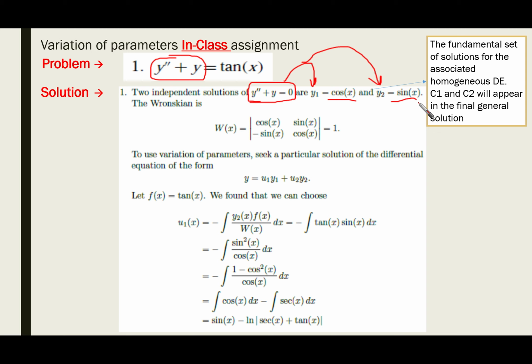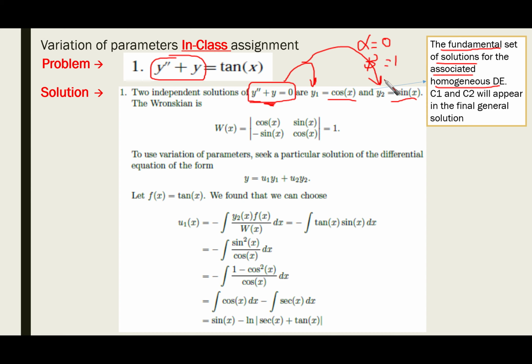As I said, these are the fundamental set of solutions for the associated homogeneous differential equation. Because in your solution, you are going to find that this equation has complex roots with alpha equal to 0 and beta equal to 1.